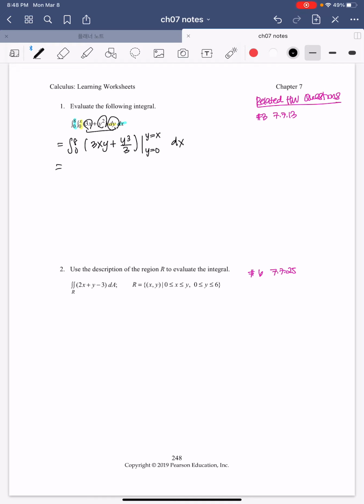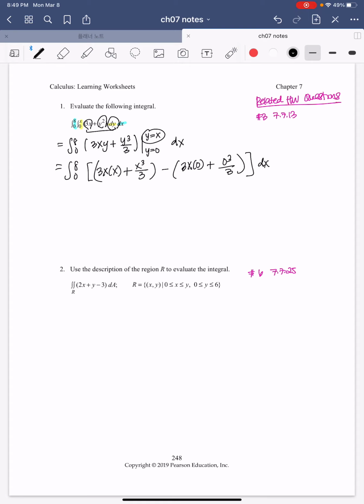Now let's treat it like a regular integral. We have 0 to 8. For the first one, you input the x where you see the y, so you have 3x times x plus x cubed over 3, subtract 3x times 0 plus 0 cubed over 3, dx.